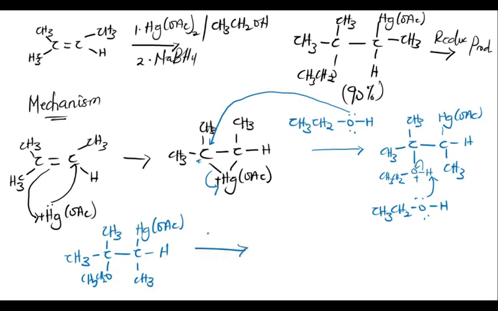So from here, all we need to do is to add our sodium borohydride in the presence of a strong base such as sodium hydroxide, and then the reduction will be performed by replacing the acetoxymercuric group over here with hydrogen, and then we now get our product. So this is what our product looks like.